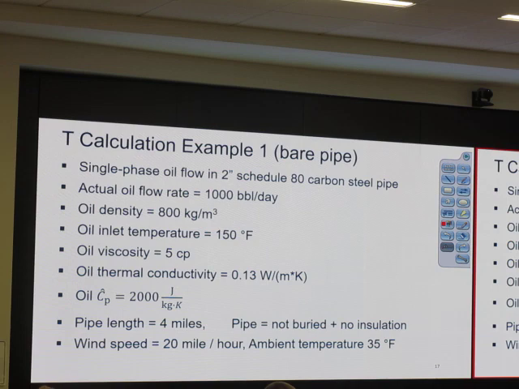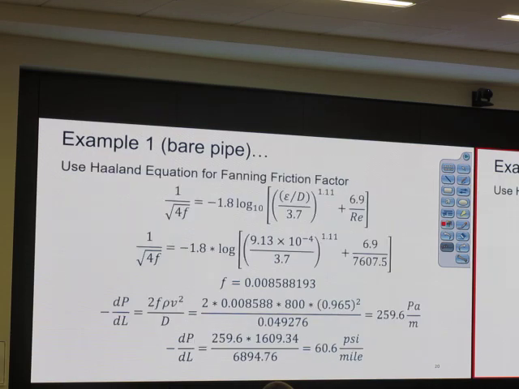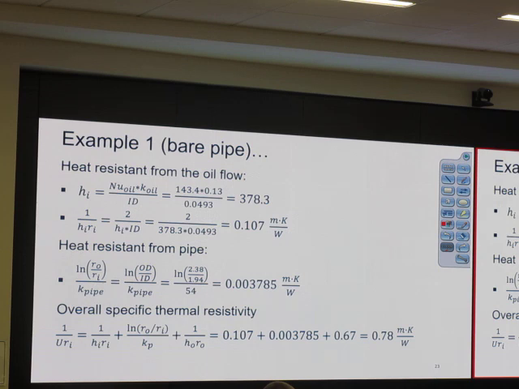Calculation example: this shows you the case of constant fluid property. Basically, we get everything, and eventually, look at this, we get H sub O, and we have H sub I, and we have H times R, and we calculate the U value.